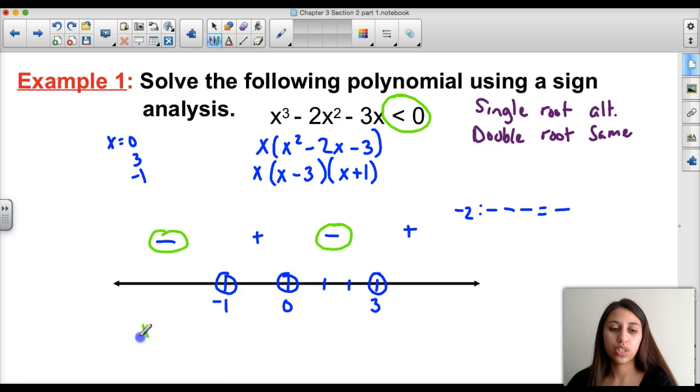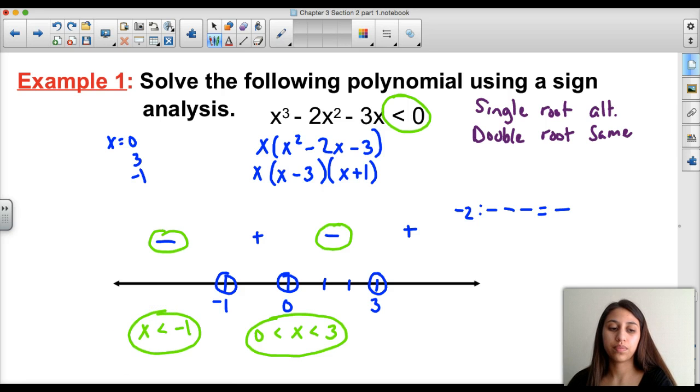So one solution is x less than -1. Then solutions that are between 0 and 3. Notice that I'm using a less than sign, not less than or equal to, because we're not including 0 and 3, so they're not equal to. So our two solutions are x between 0 and 3 and x less than -1.